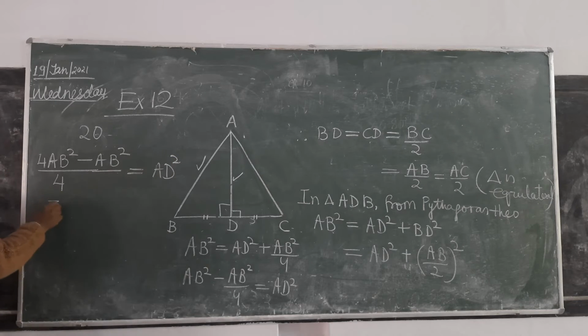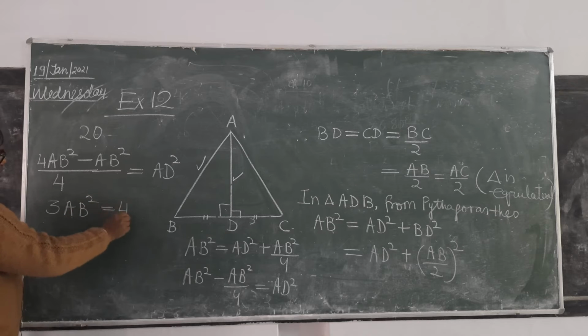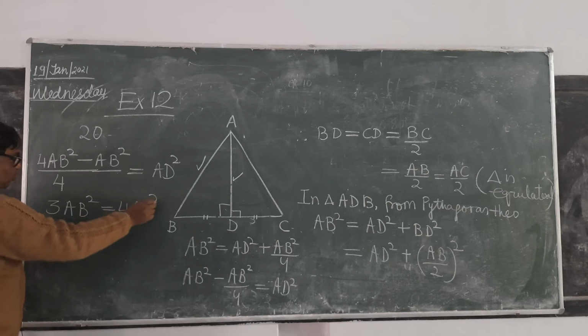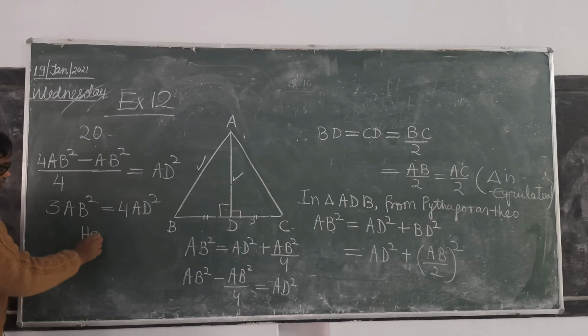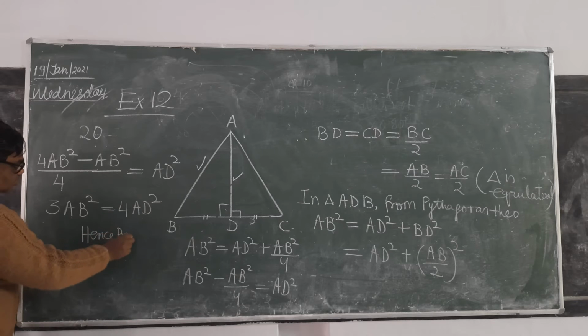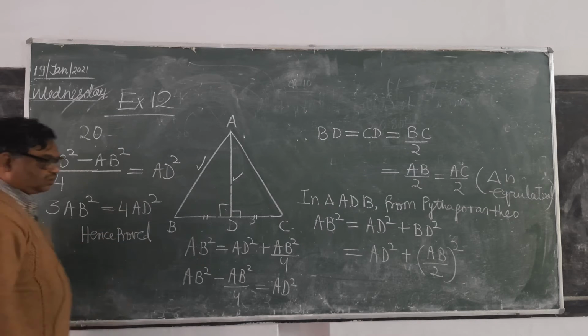So 3AB square equals 4AD square. Hence proved. You will write hence proved. So you note down this.